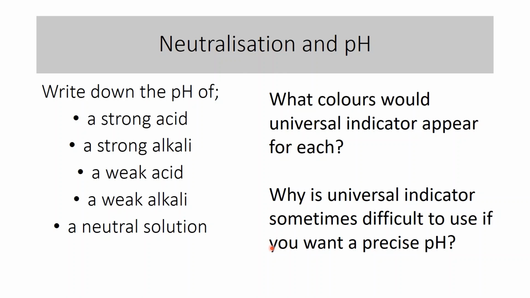And why is it difficult to use if you want a very precise pH? What could you use instead? So pause the video, have a go at writing down the pHs, the colours, and answering this question of why it is difficult to use universal indicator if you want a precise pH. Pause the video, we'll go through the answers in just a moment.